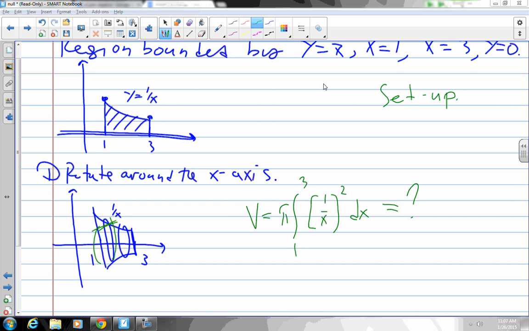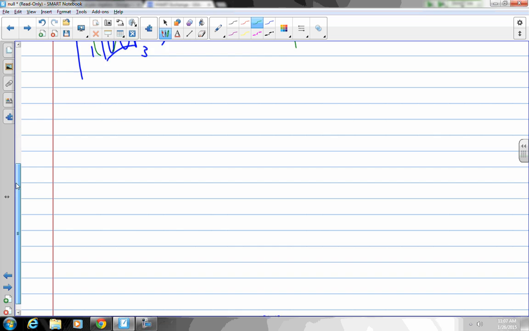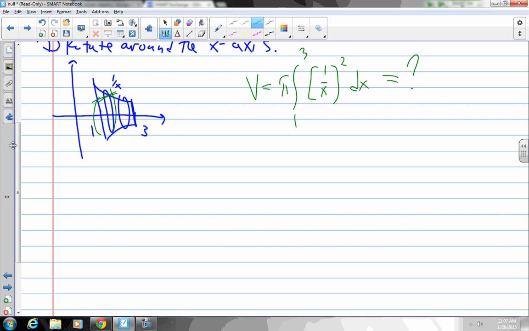Let's rotate the same thing. And again, just setting up. I don't want to integrate. So rotate around the line y equals -2.